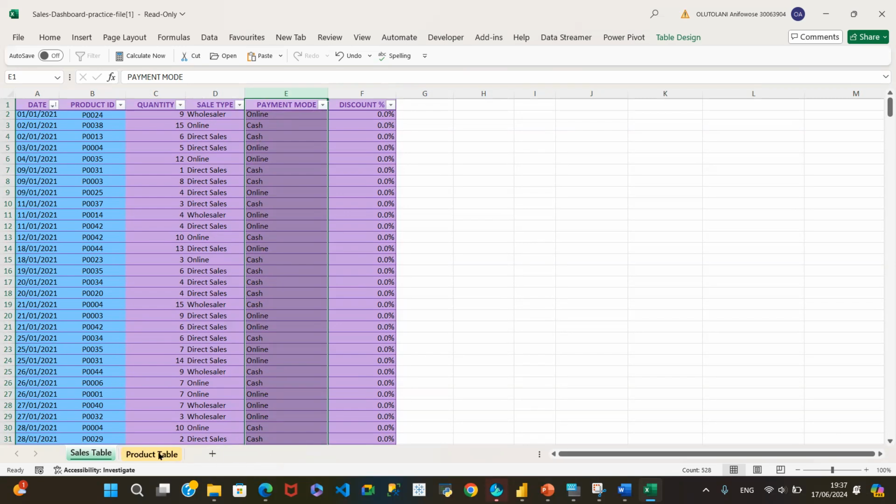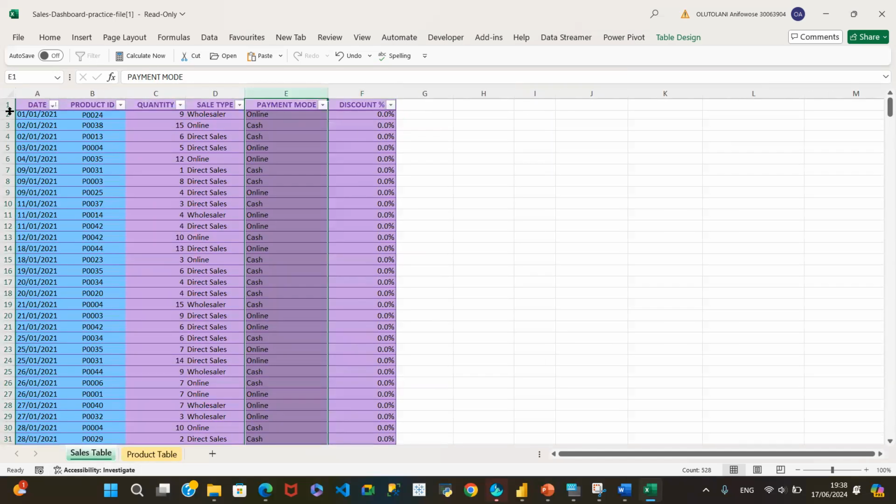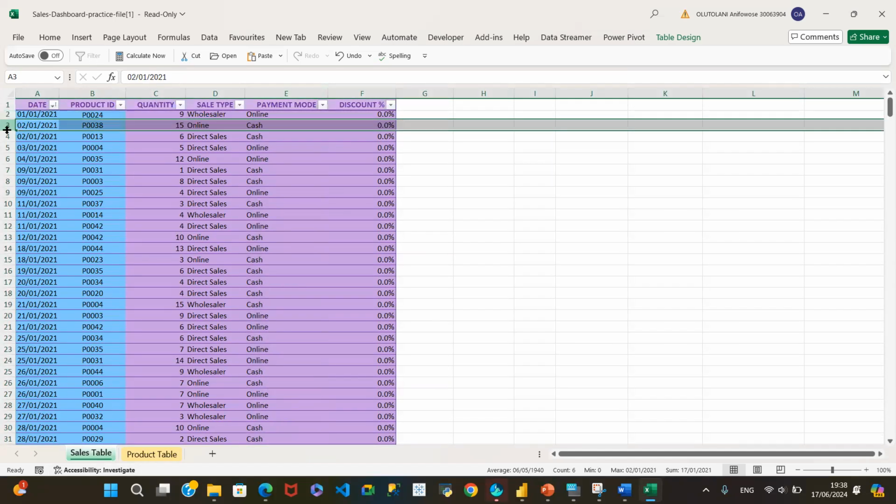So anything that is just giving me information around my data, my business, sorry, that is a dimension table or lookup table because I'm just looking up information on it. Dimension or lookup table are the same type of table. They are the same thing. Fact table or transaction table are the ones that give you information about the transactions that have taken place within your data.